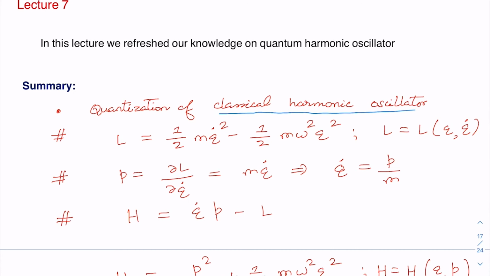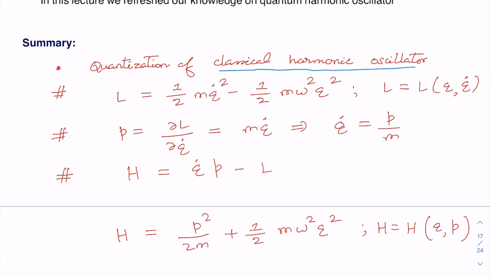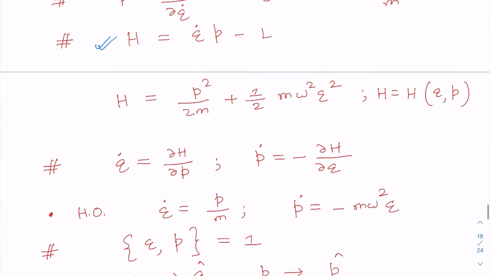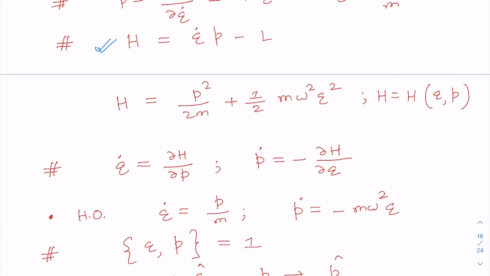Then we find the conjugate momentum of the system, and we can write down the Hamiltonian of the system using this formula, and express the whole Hamiltonian of the classical system in terms of the coordinate and momentum q and p.